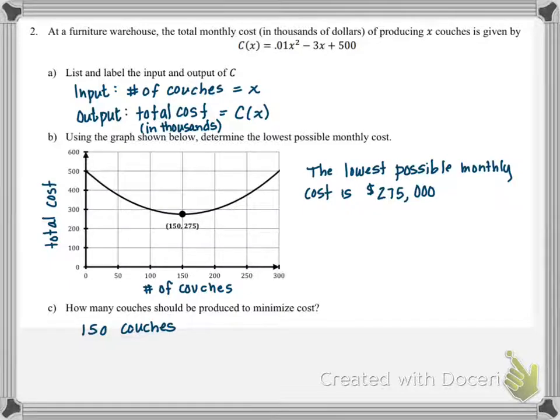Don't just be like, oh, that one time we put this number in this equation, right? Ask yourself what it's actually asking you and what you have. If you label your axes and you have a point, and you can say, okay, this is couches and this is cost, then when they ask for the cost, you're like, hey, I have the cost. And if they ask for couches, you're like, hey, I have the couches.